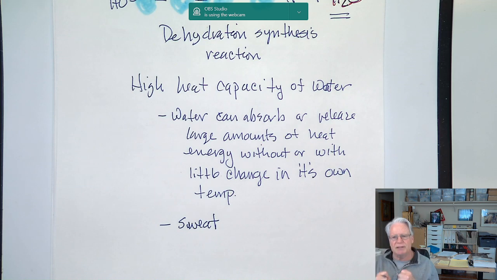They want to hold on to each other. So you have to put a lot of energy in there. You have to remove a lot of energy from our body to get that water to evaporate and become a gas. And as it evaporates, that energy that you put into it to break those hydrogen bonds is removed from our body. Very important thing.